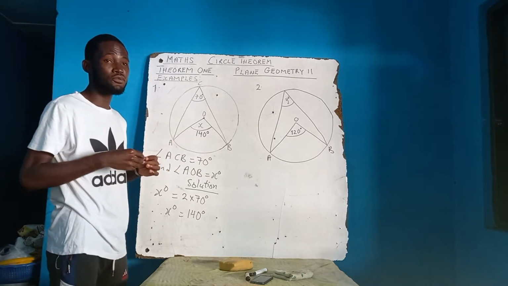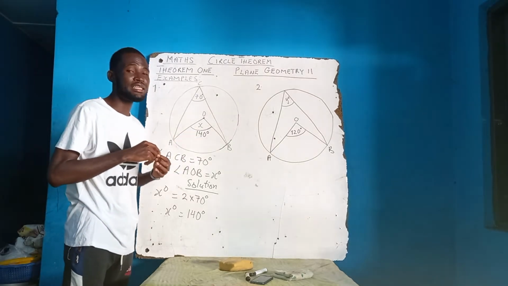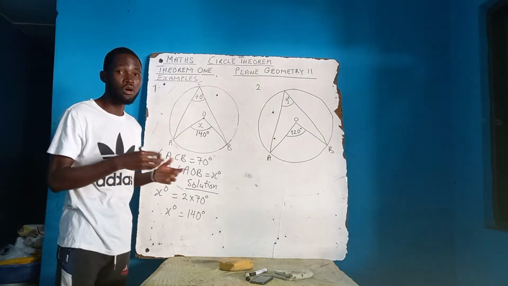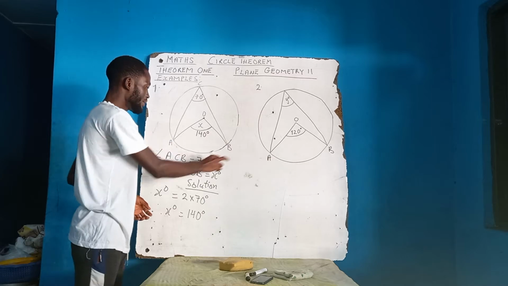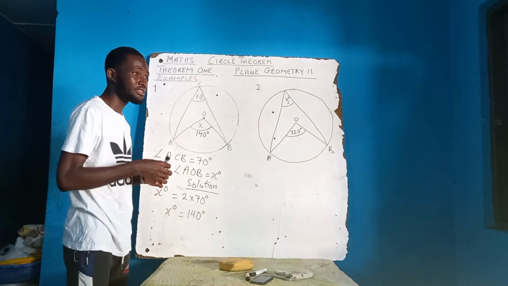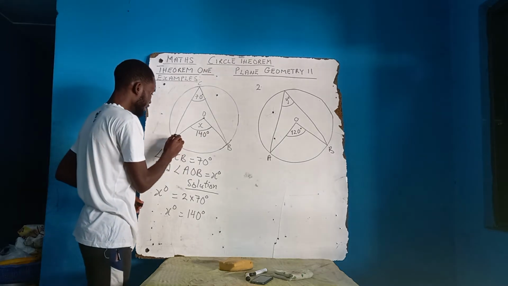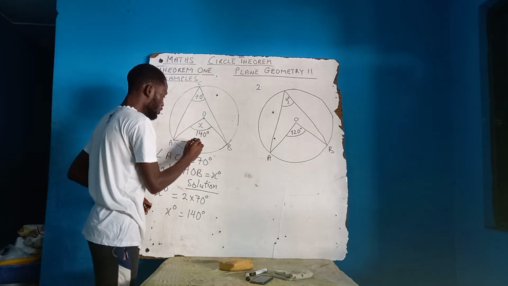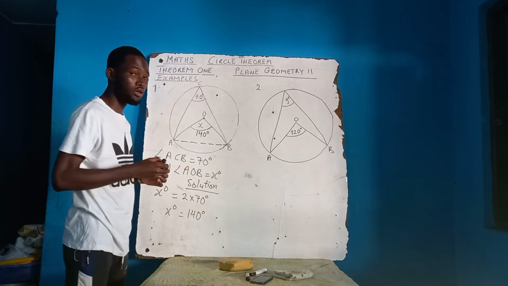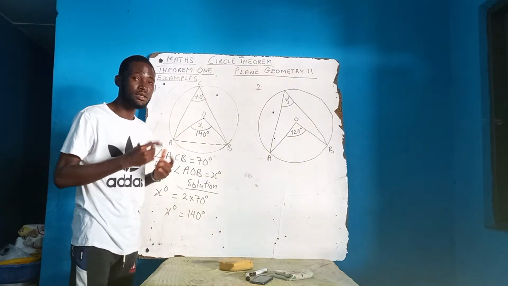So if you can't really apprehend the instance whereby the questions are illustrated on arcs, that is arc AB, like I stated in my addendum, you can create a short dash or dashes to create a chord, an imaginary chord.